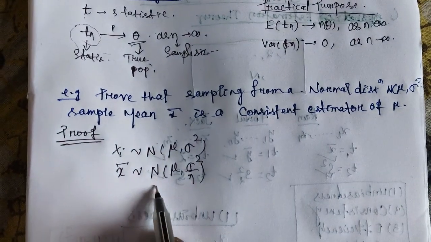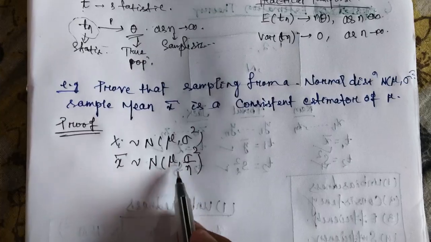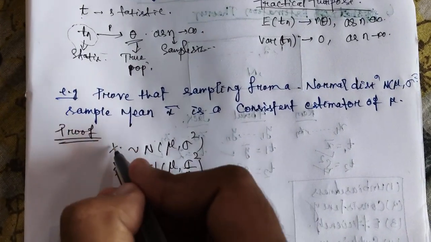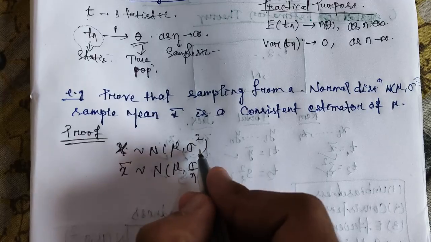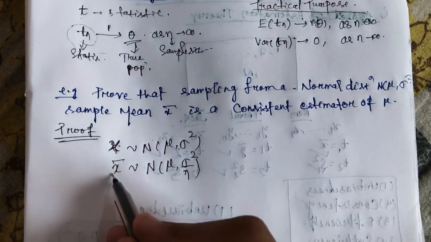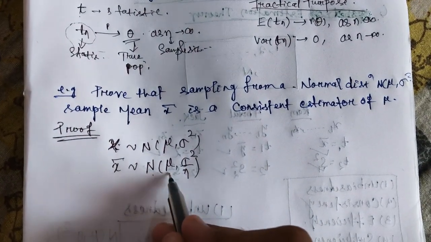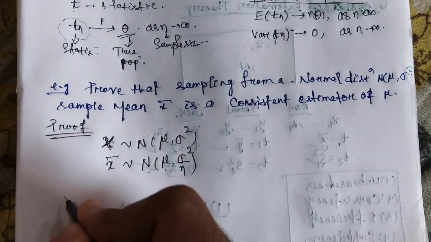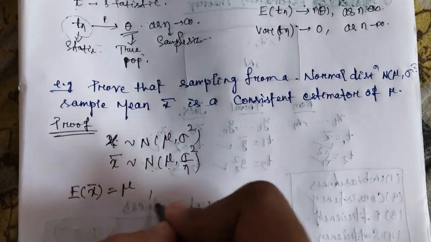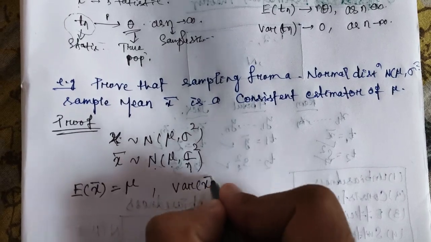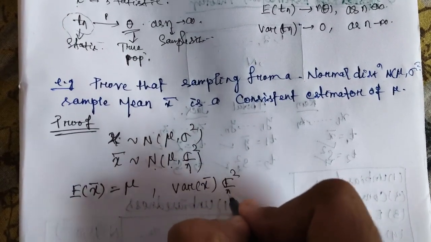This you can get from the large sample theory. If the sample value X follows the normal distribution with mean mu and variance sigma square, then its mean, X bar, will follow the normal distribution with mean mu and sigma square by n. So here we get expected value of X bar as mu and variance of X bar as sigma square by n.